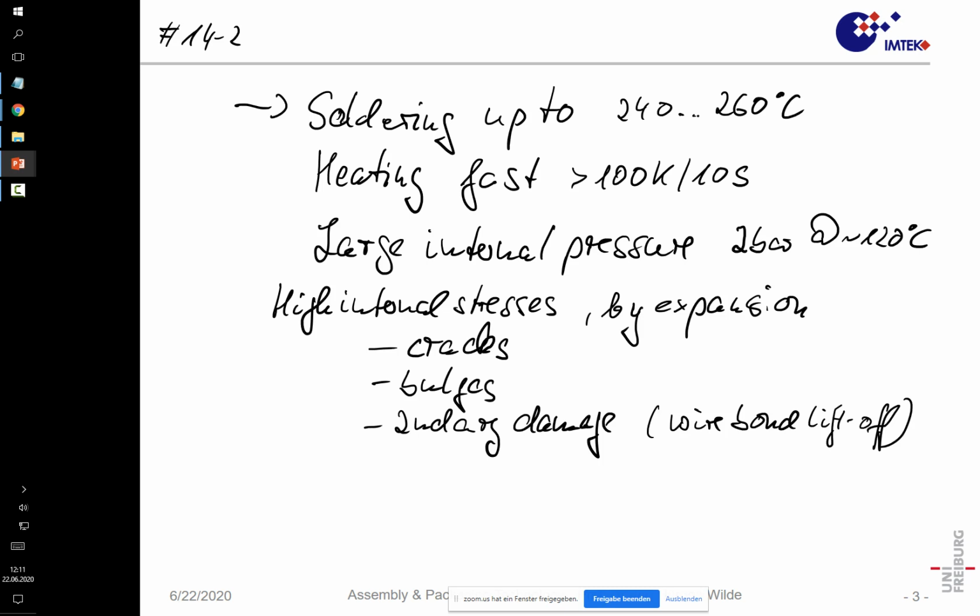So what are remedies against such popcorning? Yes, what would you do in order to avoid popcorning? Have you an idea?